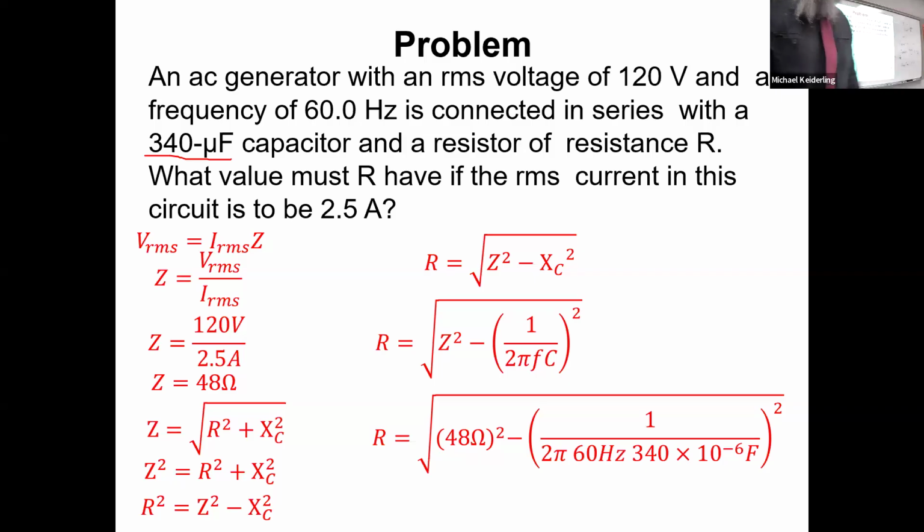That capacitive reactance is like 7.8 ohms. So this ends up being 47.4 ohms. So the resistor is 47.4 ohms.